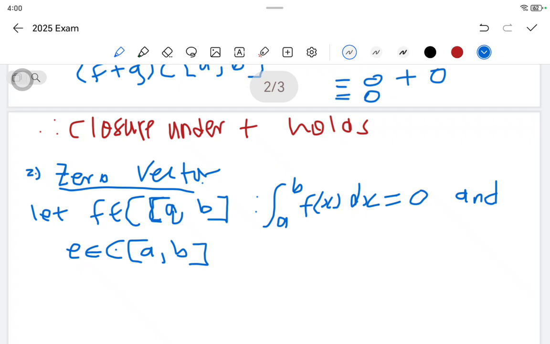All right, but we're not going to say such that this is equal to 0, because that's what we're trying to check.